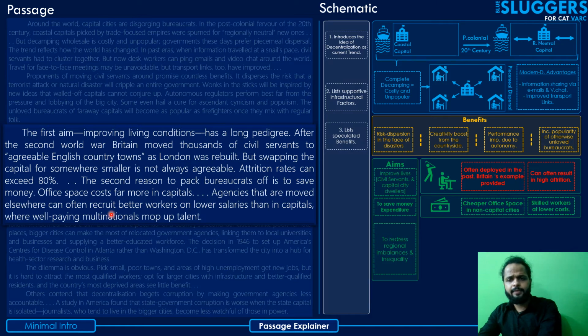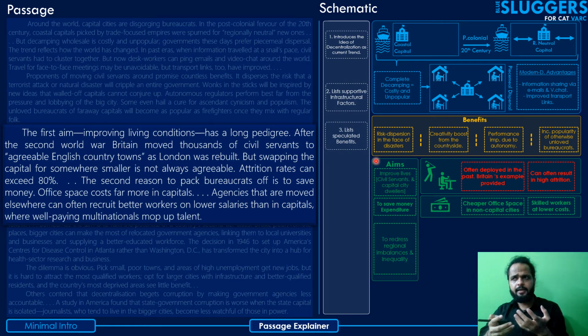Agencies that are moved elsewhere often recruit better workers on lower salaries than in capitals, where well-paying multinationals mop up talent. So he's saying that a skilled workforce will be available at lower salaries in the remote places as compared to the capital cities, where, because there are many multinationals, the salaries you have to offer to get the same level of skilled workforce generally go higher.